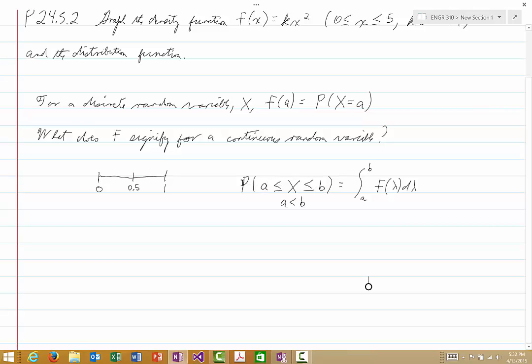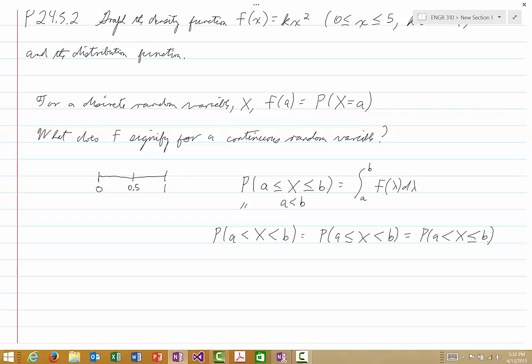So we could just as well here say probability that A is less than x is less than B. That would be fine. We could even say probability that A less than or equal to x less than B, or probability that A is less than x is less than or equal to B. For a continuous random variable, all of these will be equal to the same value.